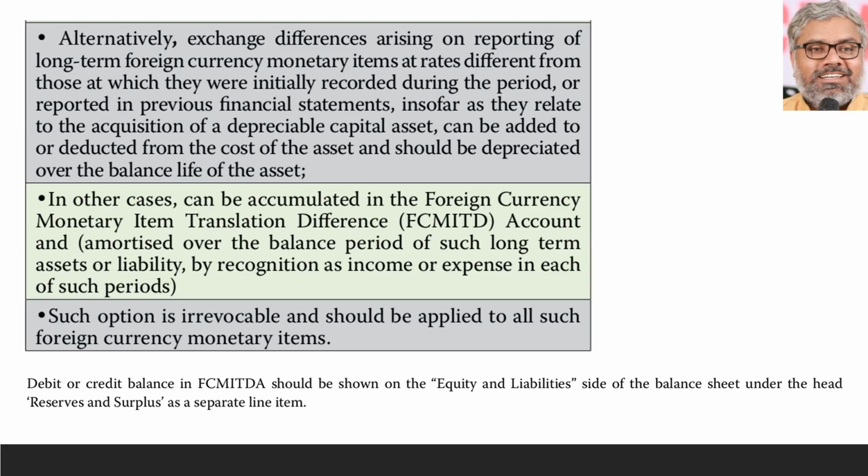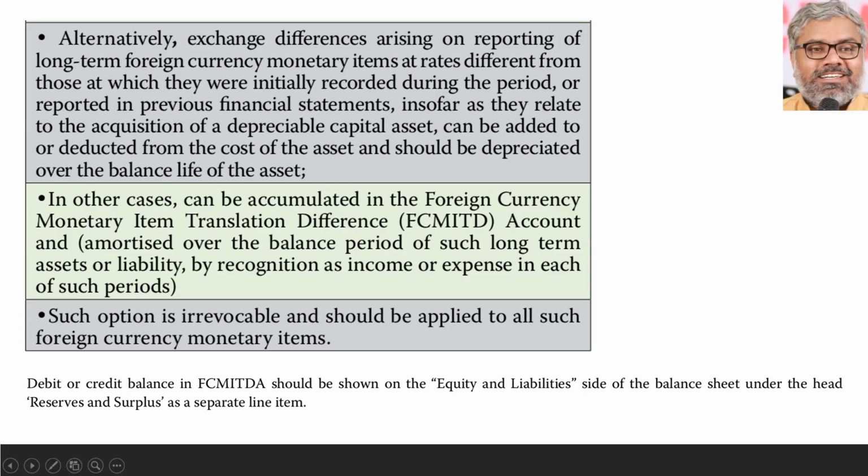Or alternatively, that difference can be accumulated in the Foreign Currency Monetary Item Translation Difference (FCMITD) account, and that FCMITD account will be amortized over the balance period for which such long-term asset or liability will be prevailing. Amortization, as usual, means it is either debited to or credited to the P&L account in the entire period during which that FCMITD account is existing. Of course, any one of the options can be chosen by the organizations, according to their choice.